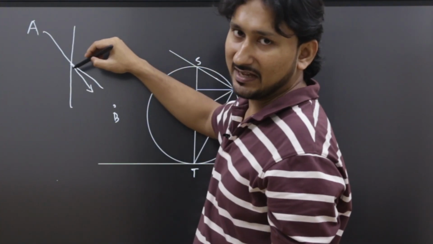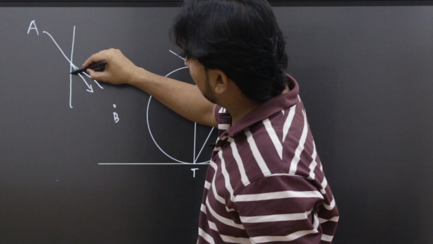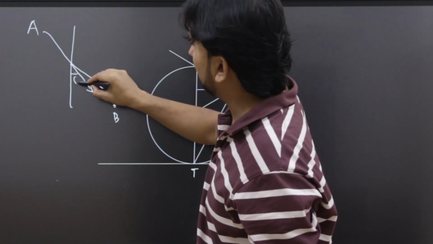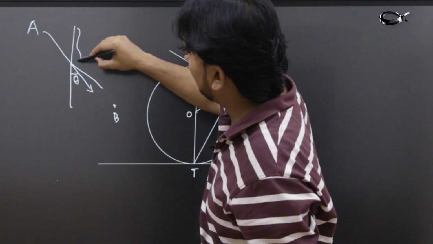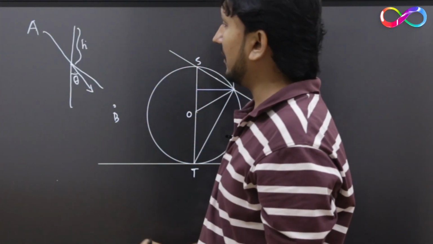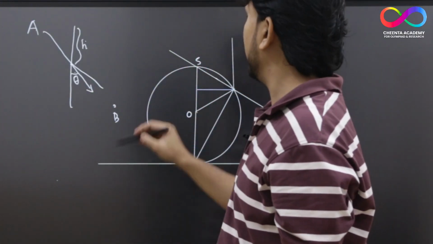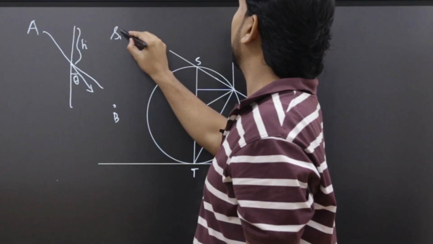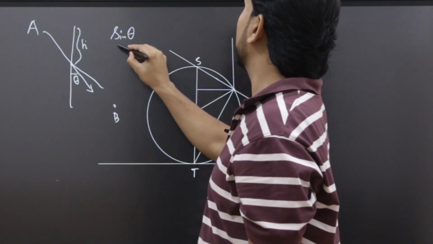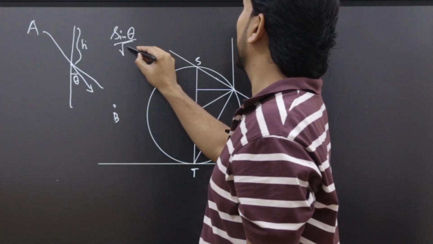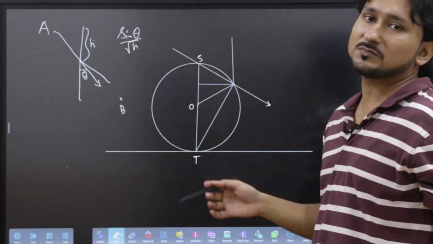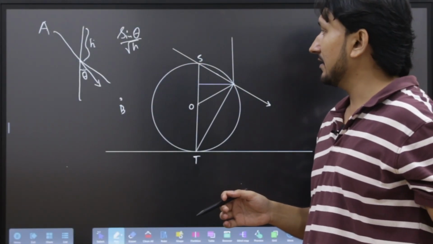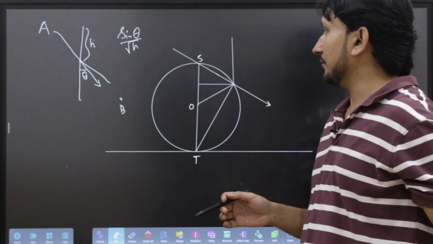By tangent, I mean tangent to the path. If this angle is, say, theta, and this is the height h by which the particle has fallen, then sine theta divided by root h has to be a constant throughout this path. Everywhere on the path, it should be the same value.